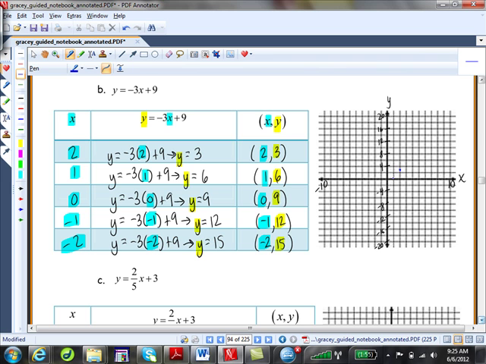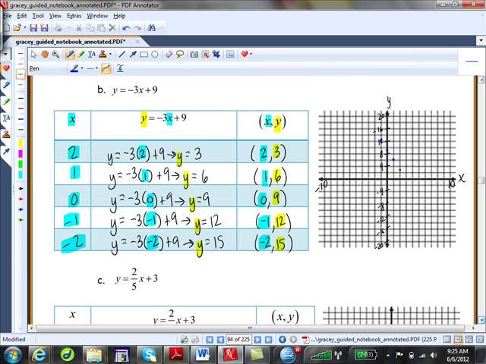And then 1, 6, so 1 and then 6 is here. 0, 9, be here. Negative 1, 12. And then negative 2, 15. Be about here. Okay.